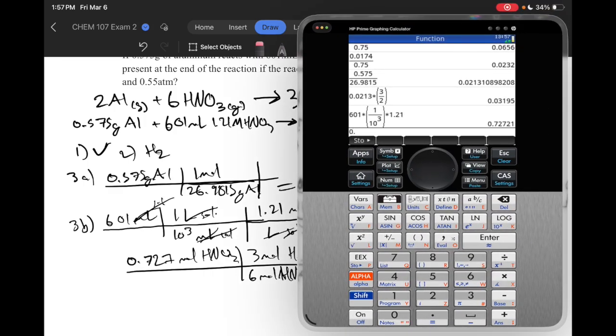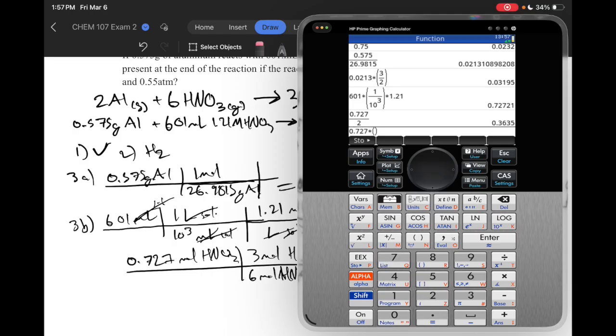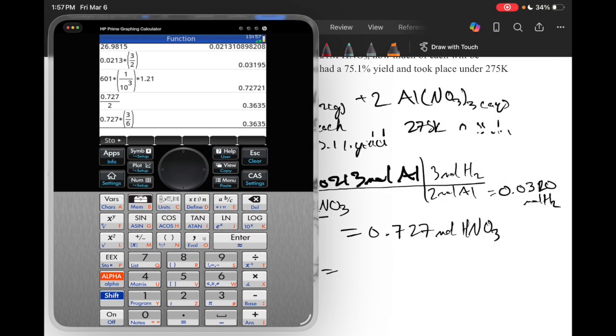So we have 0.727 times, we can just divide it by 2, 0.3635, and if you don't believe me, we can do it the other way, 0.727 times 3 over 6. Okay, so we have 0.364 moles of H2 produced.